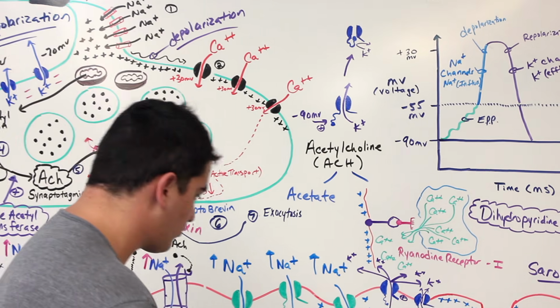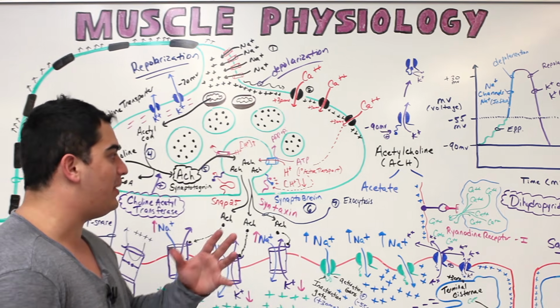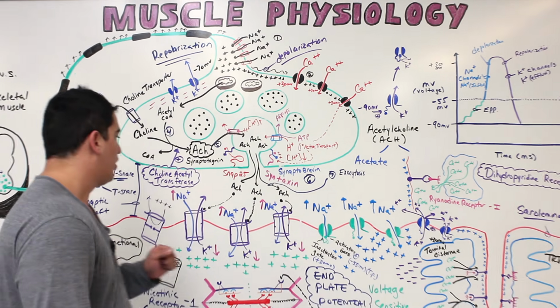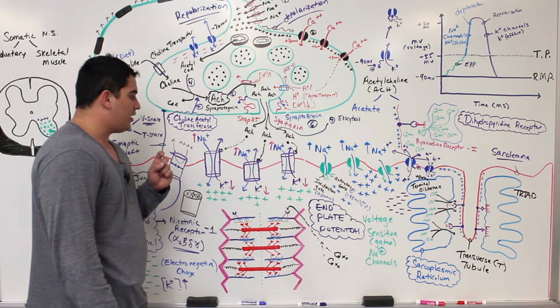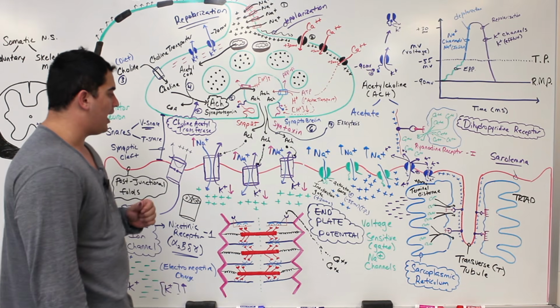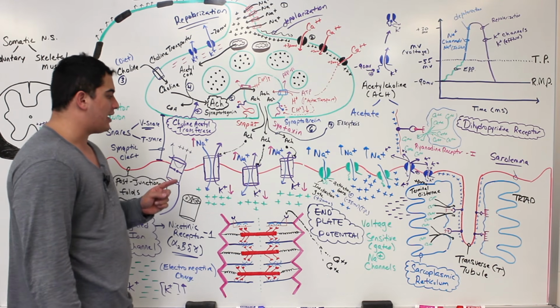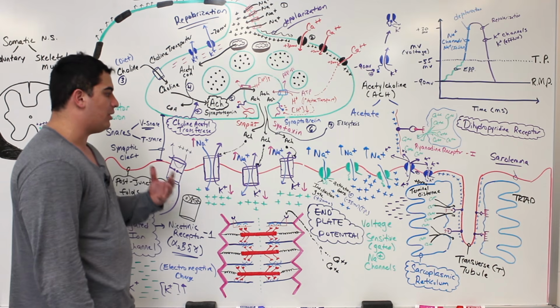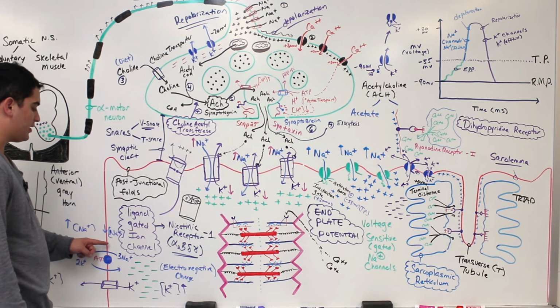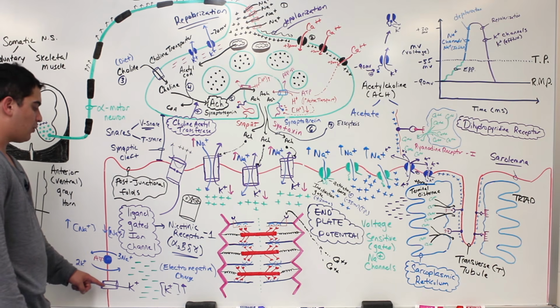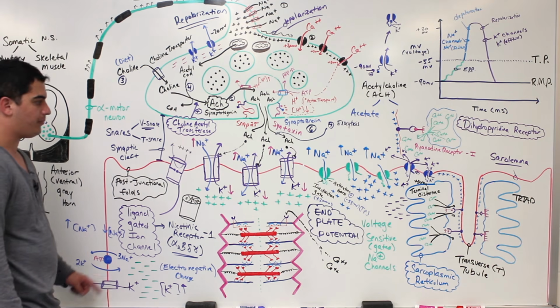So now, to recap all of this big beast that we did very, very quickly, what happens? Acetylcholine is released. Acetylcholine binds onto these nicotinic receptors, specifically type 1. Generally, they're closed at resting membrane potential, which is negative 90 millivolts. Who's maintaining that? The sodium-potassium ATPases are maintaining that, as well as the potassium leakage channels.